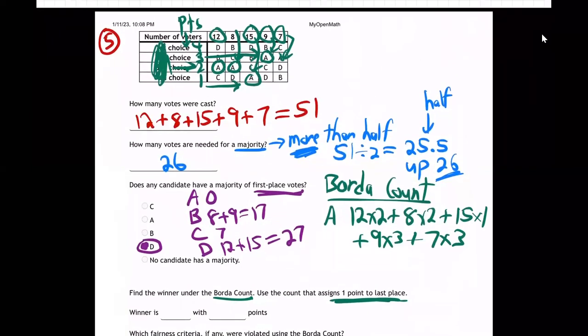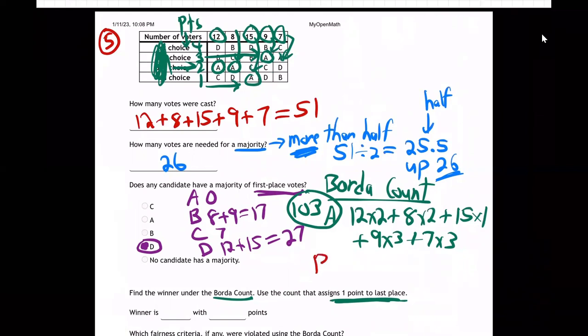Okay, so then we got to add all that up. I'm going to have to use my calculator. This is pretty tedious for each of these. 24, 16, 15, 27, and 21. So I'm getting 103. A's got 103 points.